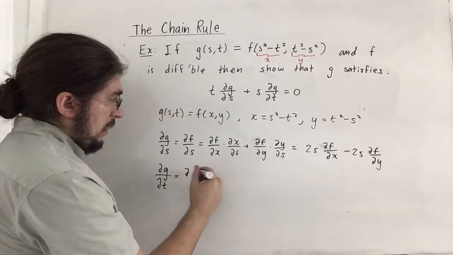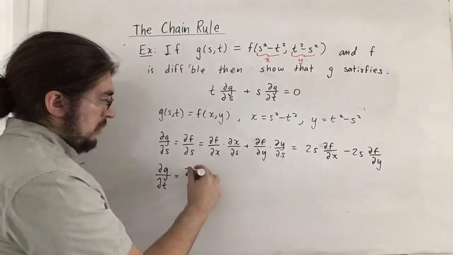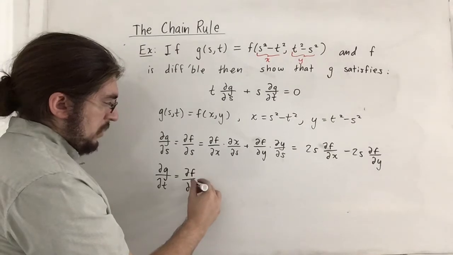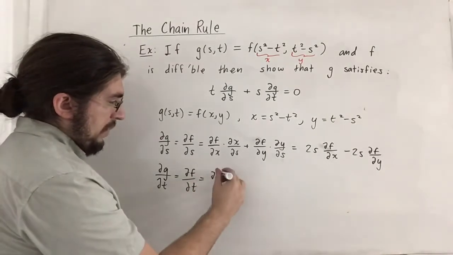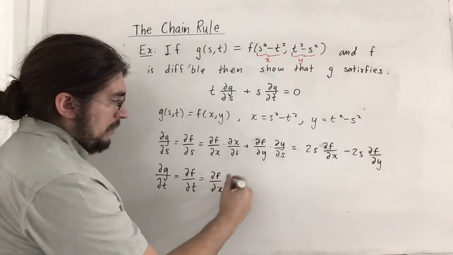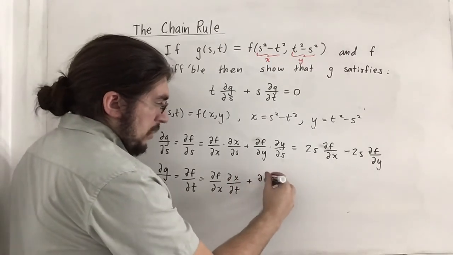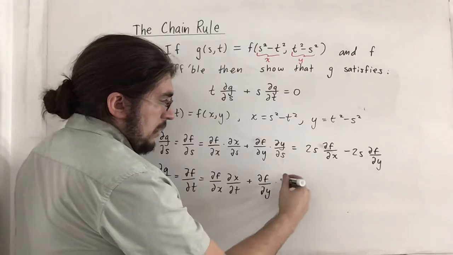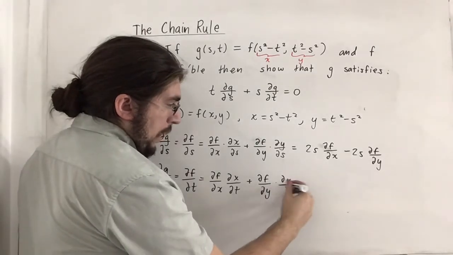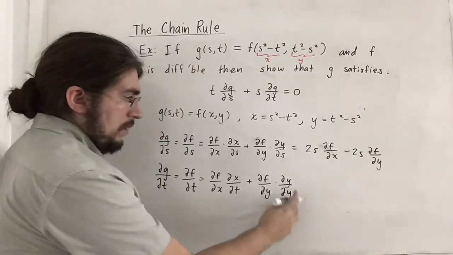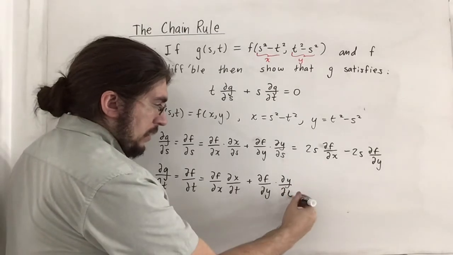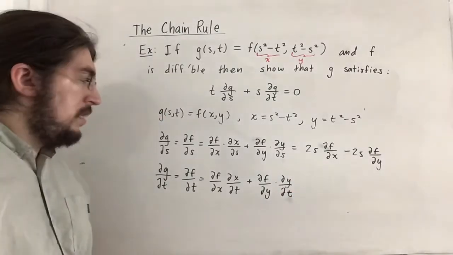And of course, f is basically equal to g, so this is partial f partial t, which is equal to partial f partial x times partial x partial t, plus the other one, partial f partial y times partial y partial t. There's so much going on, but that's okay.